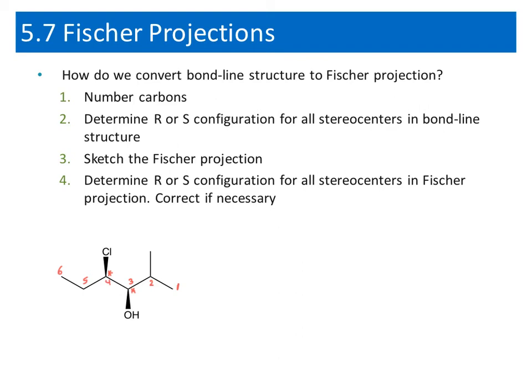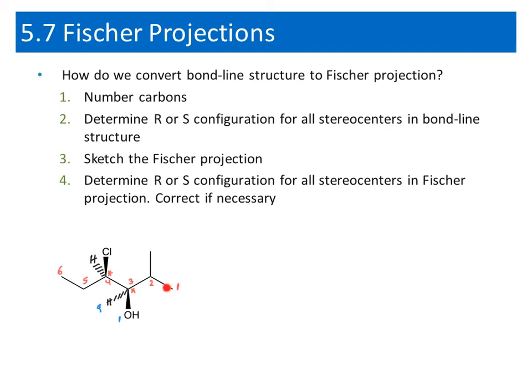So I'm going to start with carbon 3. Oxygen is number 1. And let me draw the hydrogen as well. Also for this one. Okay. So oxygen is number 1, hydrogen is number 4.